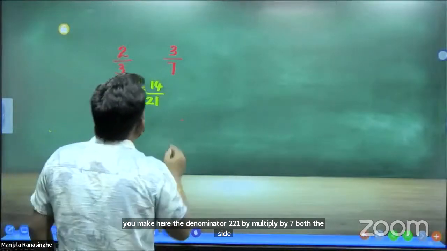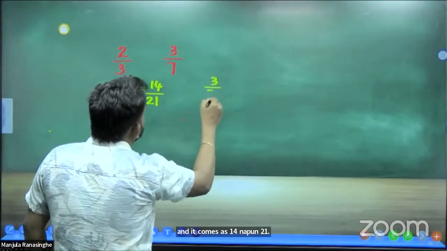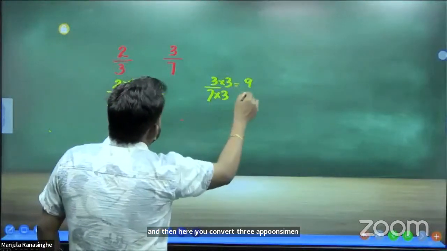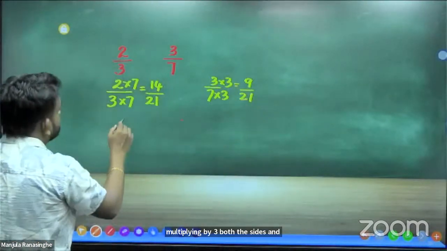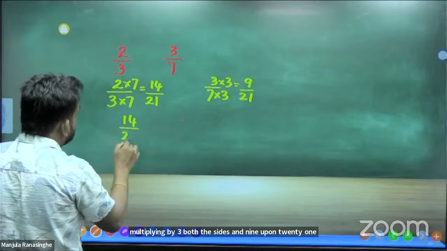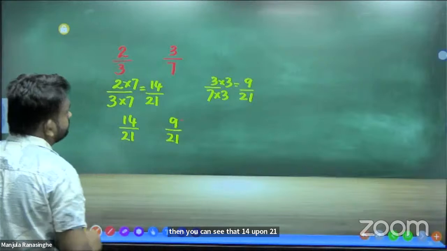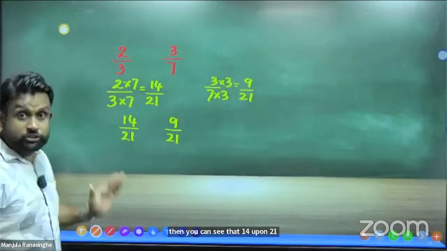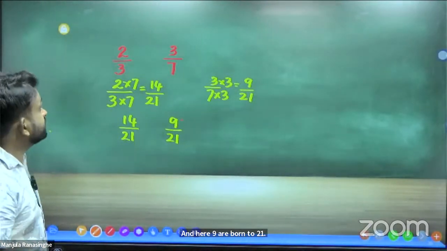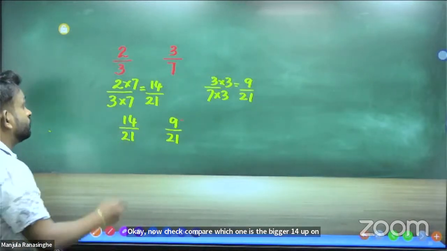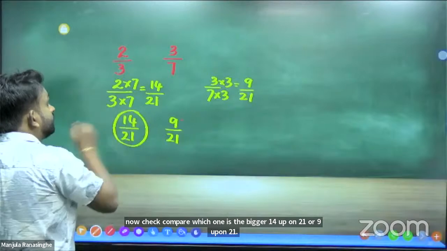And then you convert 3 upon 7 by multiplying by 3 on both sides, and it is 9 upon 21. Then you can see 14 upon 21 and 9 upon 21. Now compare which one is bigger, 14 upon 21 or 9 upon 21. 14 upon 21 is the bigger one.